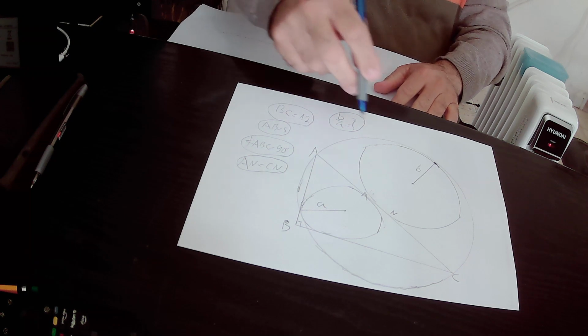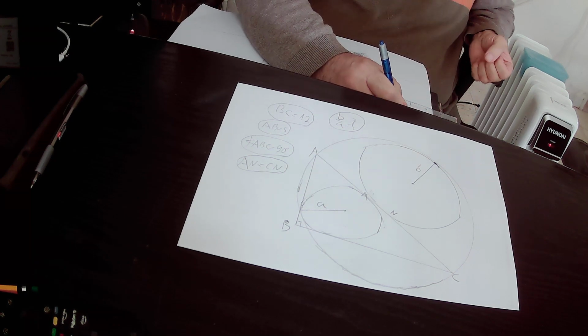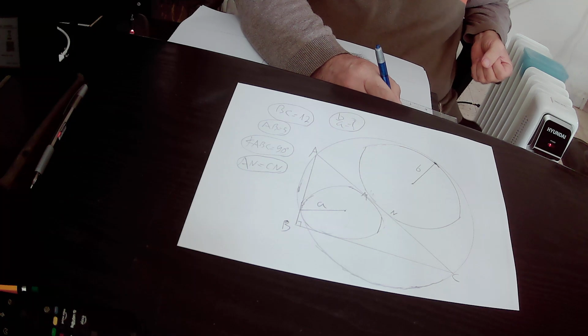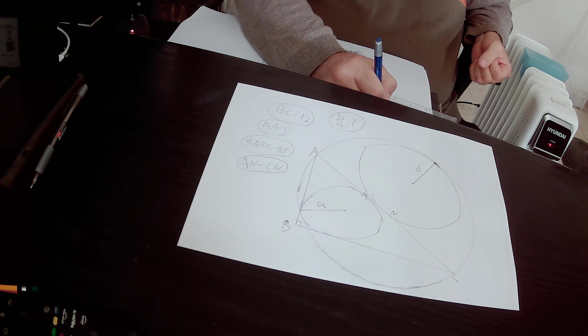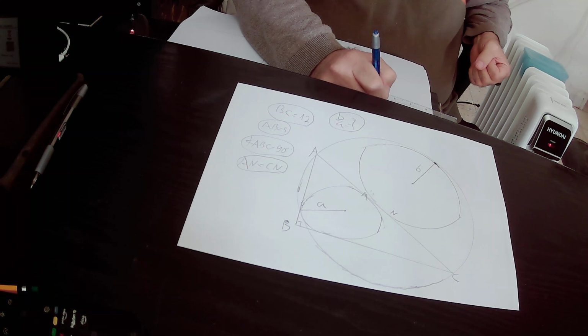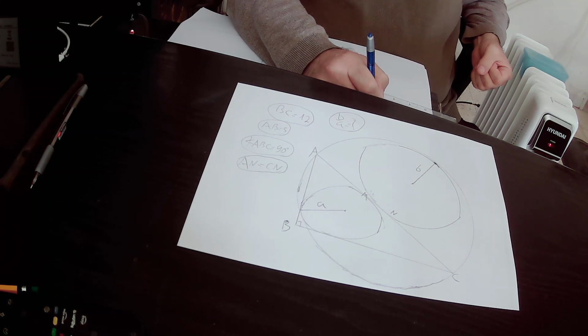The hypotenuse in the right triangle ABC is AC, therefore the square of the hypotenuse is AC square, and it must be equal to AB square plus BC square.